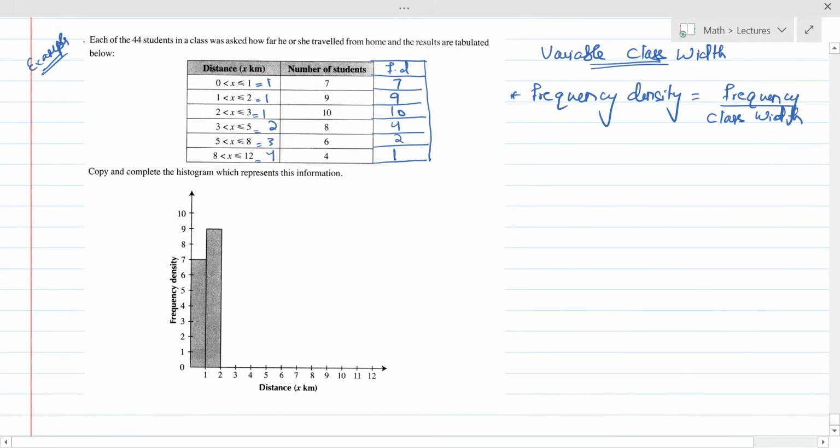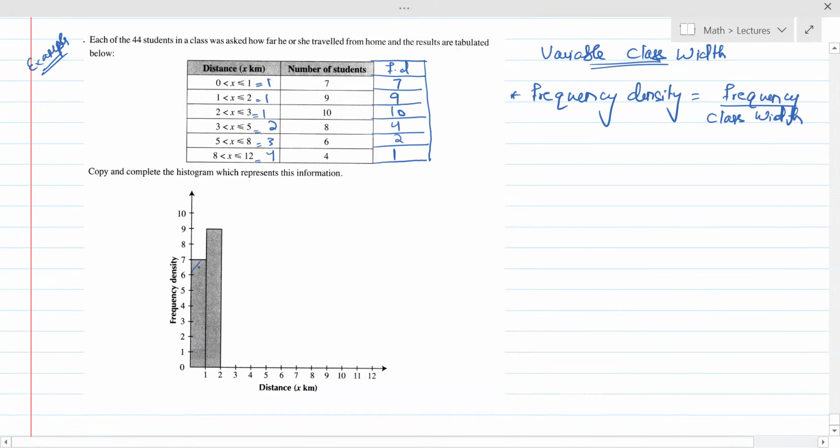For your convenience, the question has already drawn two rectangles. If you look here, for the very first class, from 0 till 1, the frequency density is 7.